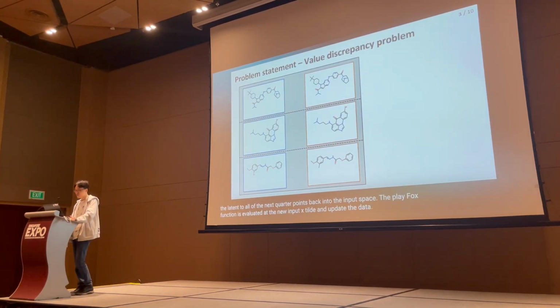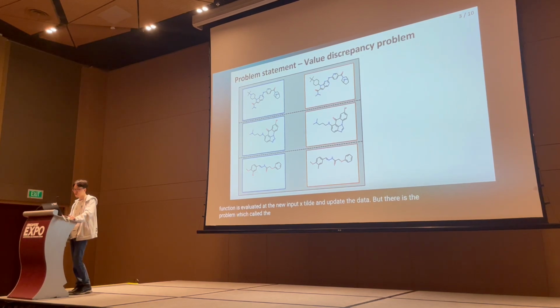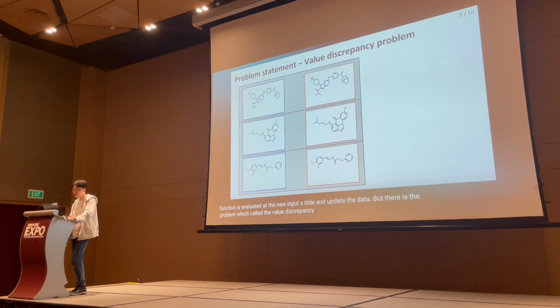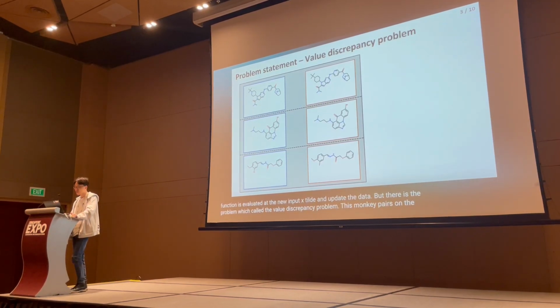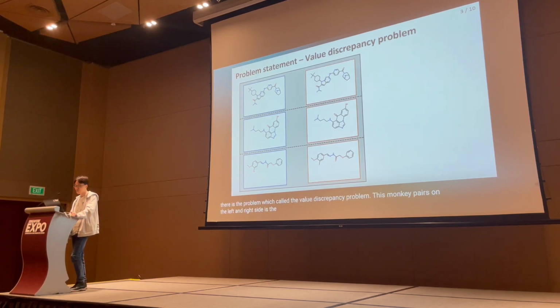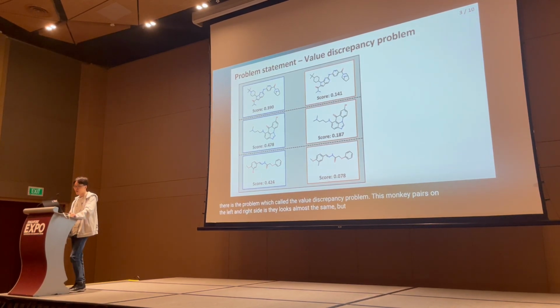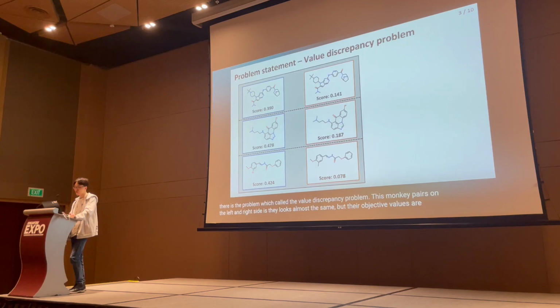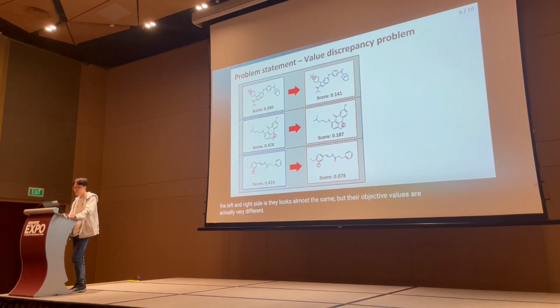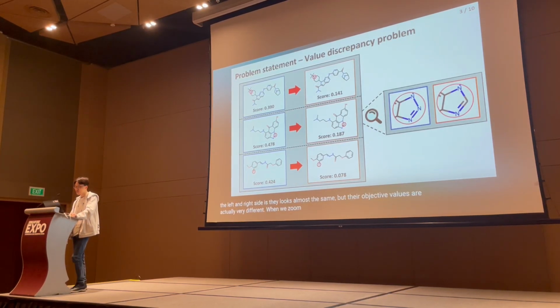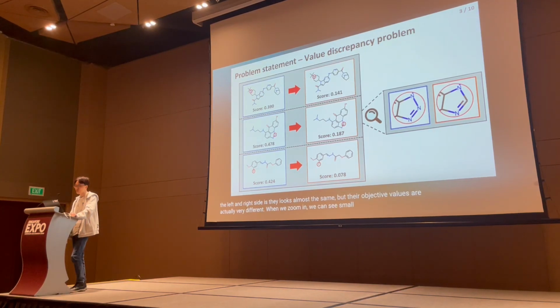But there is a problem, which is called the value discrepancy problem. Comparing the left and right sides, they look almost the same, but their objective values are actually very different. When we zoom in, we can see small changes that make big score gaps.